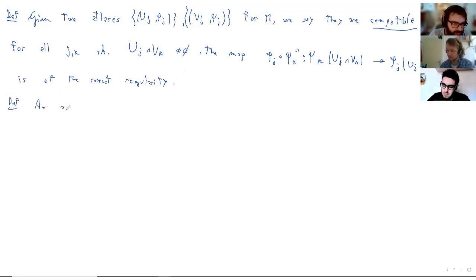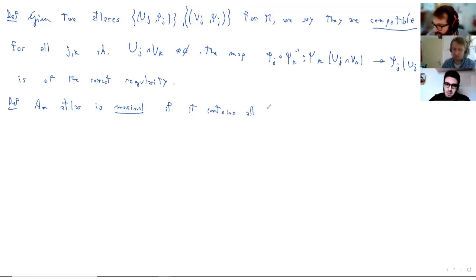And an atlas is maximal if it contains all atlases which are compatible with it.